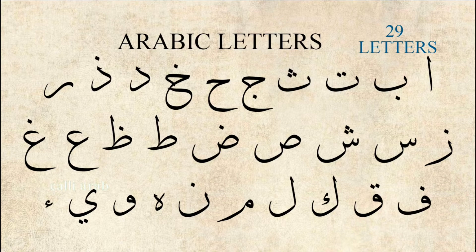Coming to Arabic alphabets, do we have to learn all the letters to master Arabic calligraphy? The answer is no. We have to learn Arabic calligraphy letters. That is, so many letters in the Arabic alphabet are similar. That is, ba, ta, tha, jim, ha, dal, dal, ra, zai, sin, shin, swad, lad, ta, la, ain, ghain.